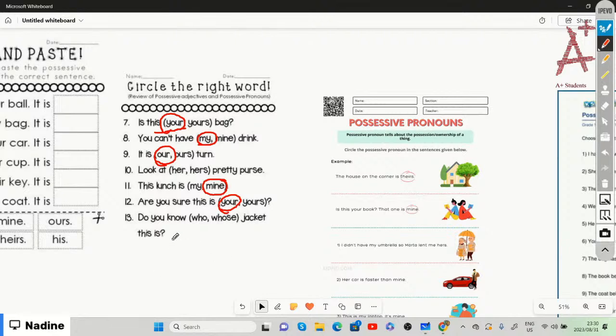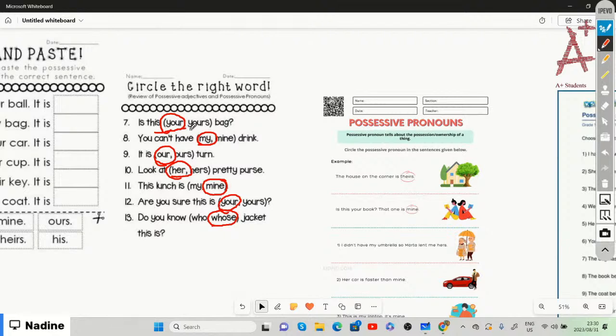So do you know who or whose jacket this is? And if we were to choose the correct one, we can say, do you know whose jacket this is? So whose, right? I feel like we did that one.